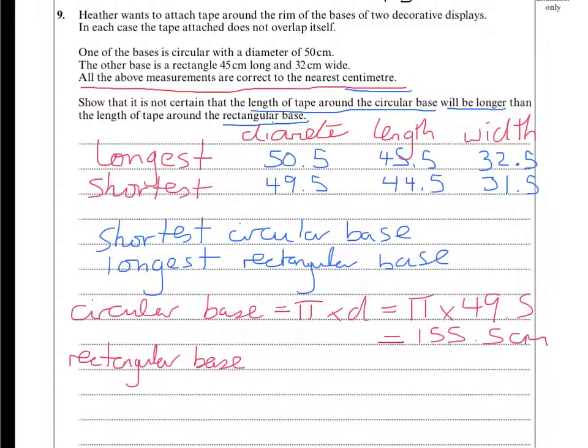And if I did the rectangular base, then that is going to be my longest my length could be, so that was 45.5, add another 45.5, and the longest my width could be, which was 32.5, so I'll add on two lots of 32.5s, and if I work out that answer, that gives me 156 centimetres.